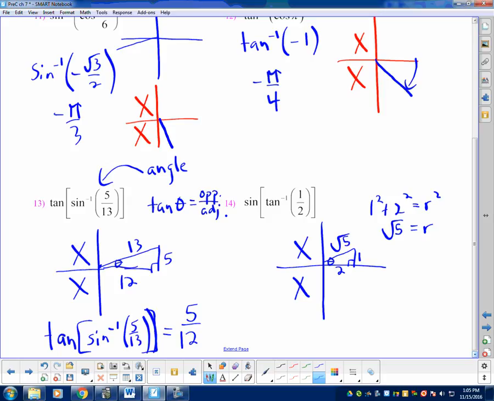So it's asking me for sine of some angle that is represented by an opposite and adjacent in the ratio of 1 over 2. So remember, this is just like asking for sine of some angle theta, if you want to think of it that way. So sine of theta would equal opposite 1 over root 5, which would simplify to root 5 over 5.